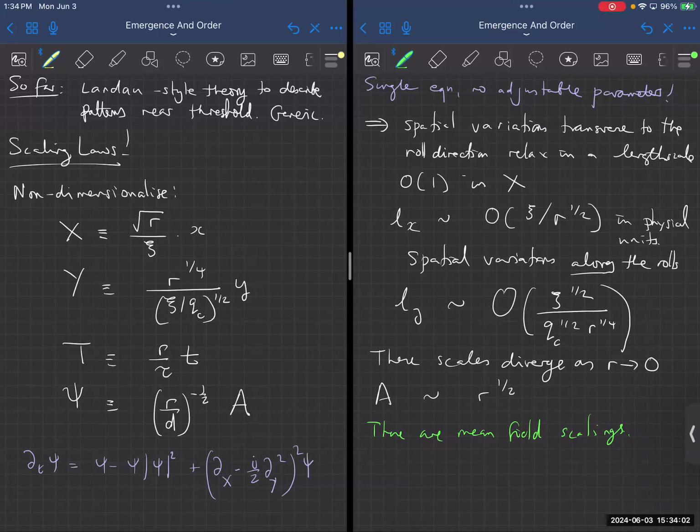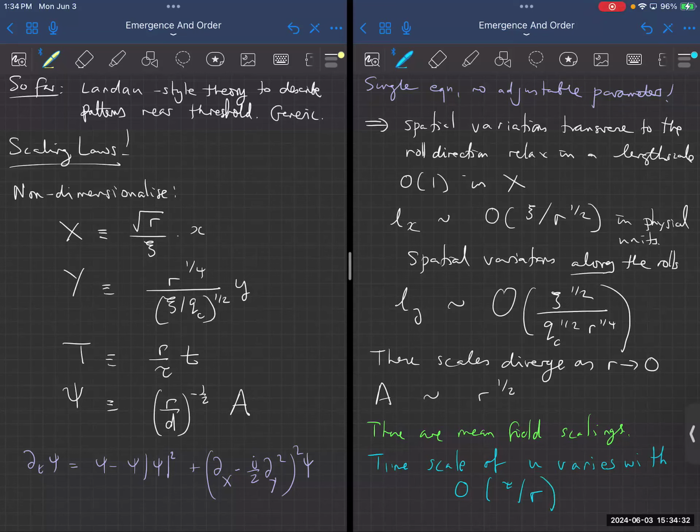Oh, I didn't say what the time scale was. I meant to say timescale of the order parameter. So that's going to be of order this timescale tau divided by r.